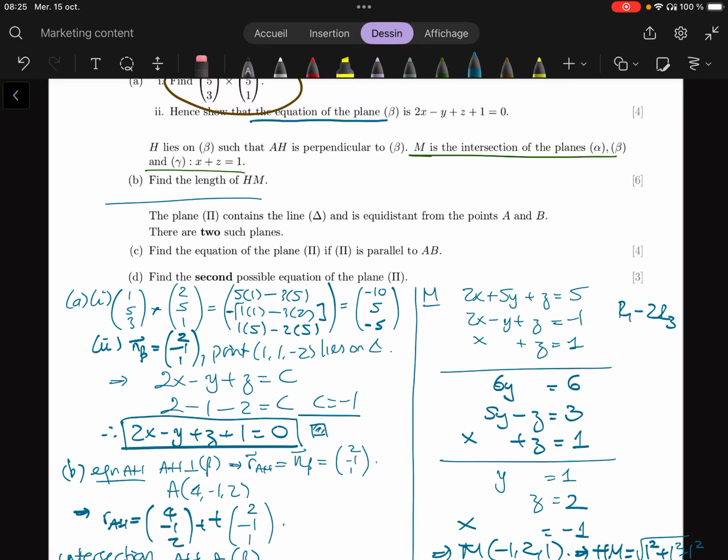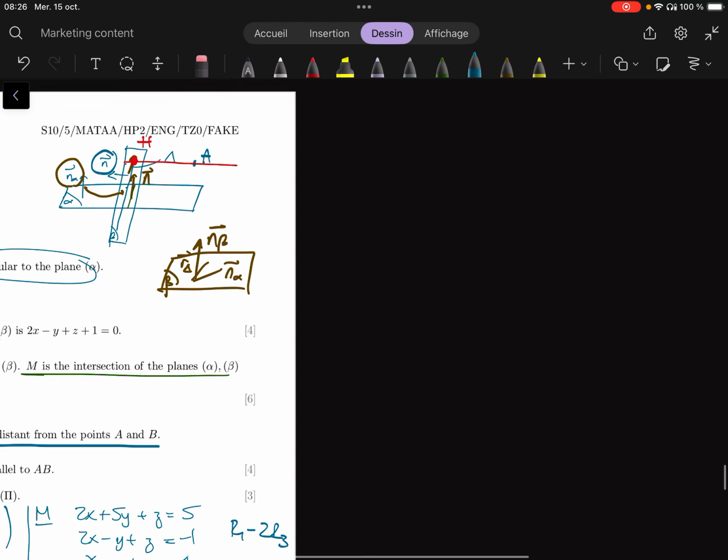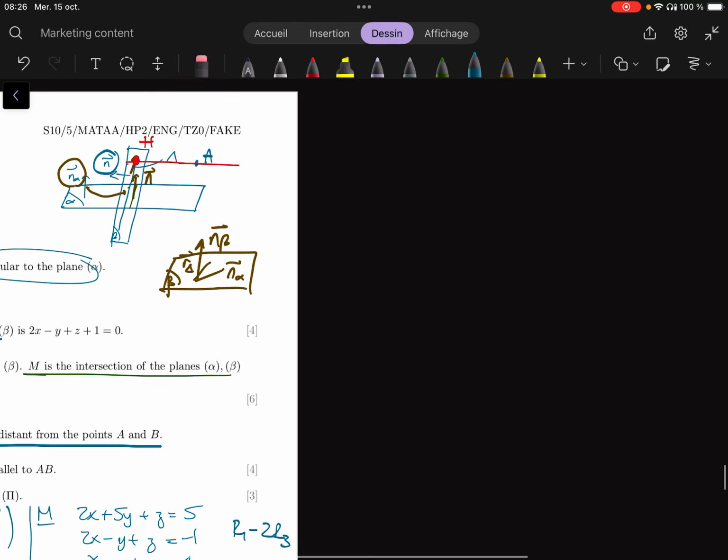Not too bad. The plane pi contains the line delta and is equidistant from the points A and B. There are two such planes. This is the most creative part of the question. So, visualize this.